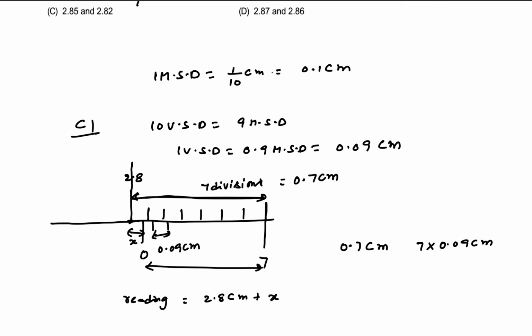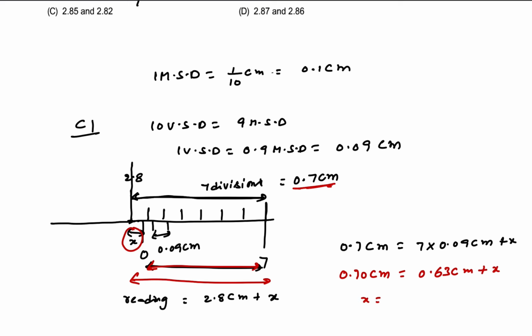Okay, now I am telling that above, 0.7 centimeter is equal to x plus the 7 vernier scale divisions. I am adding: 0.70 centimeters is equal to 0.63 centimeters plus x.